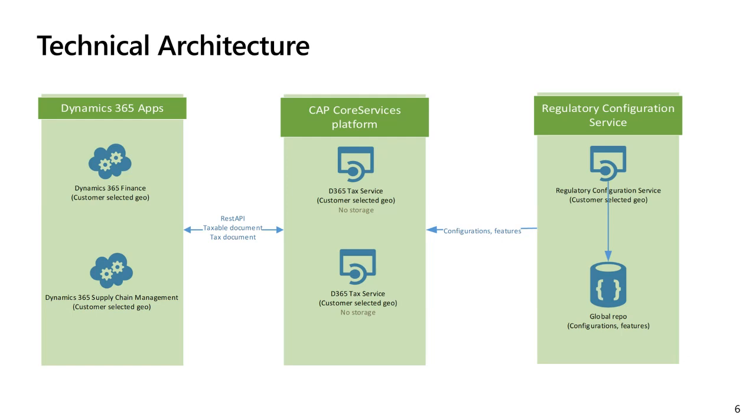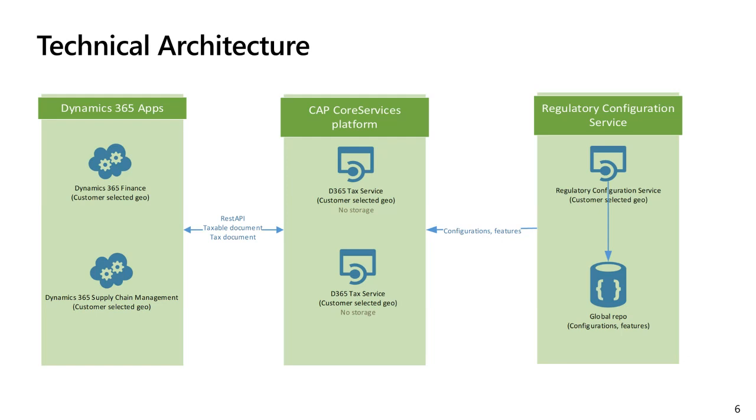From the data flow perspective, first of all, the user will do the configuration work inside the regulatory configuration service. First, create a configuration or modify a Microsoft existing configuration if the customer needs to run an advanced scenario or needs extension scenarios. Otherwise, the customer can leverage the Microsoft delivered configuration directory.